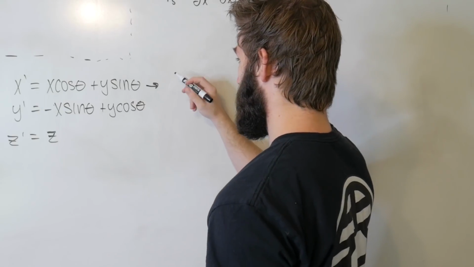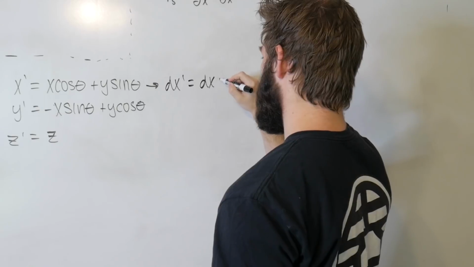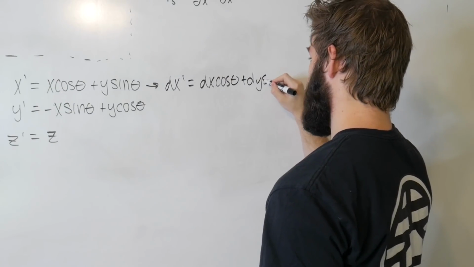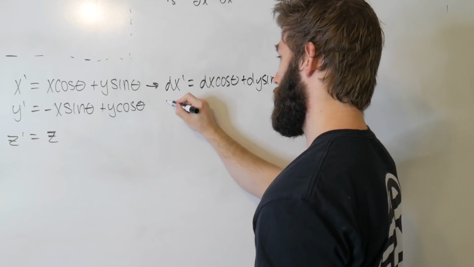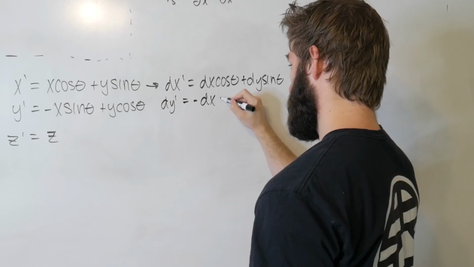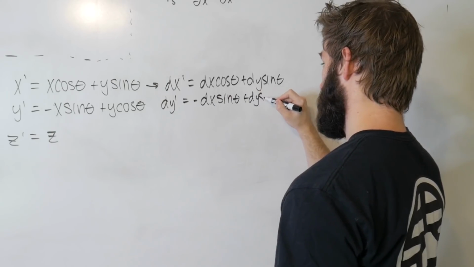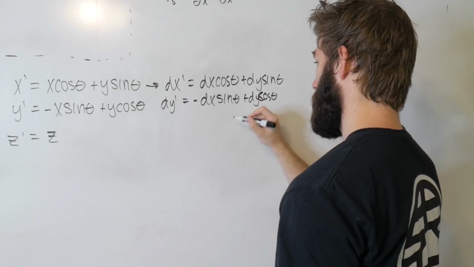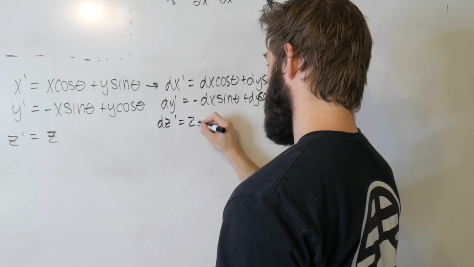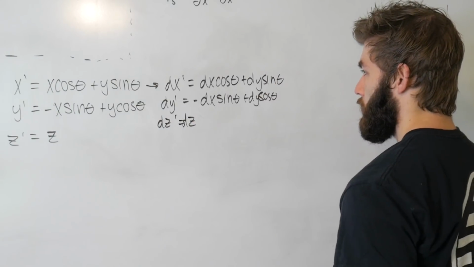So taking derivatives of this, we get dx prime is equal to dx cos theta plus dy sine theta, y prime, dz prime equals dz. Okay, cool.